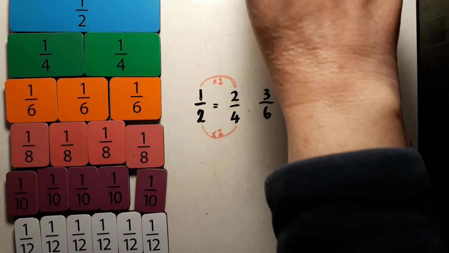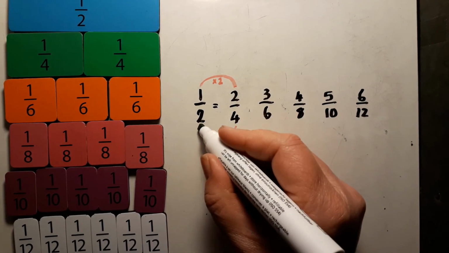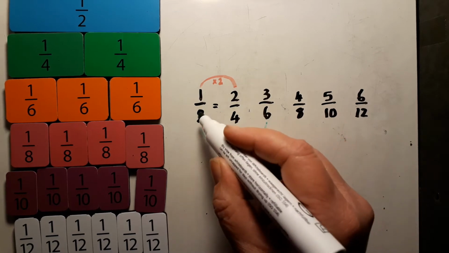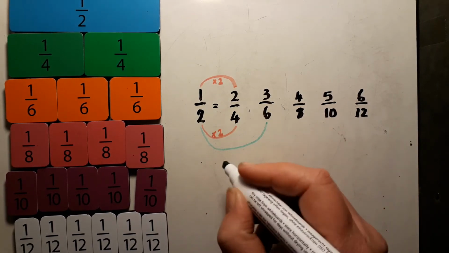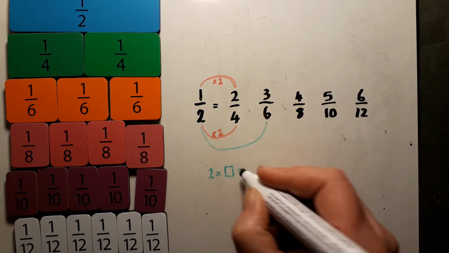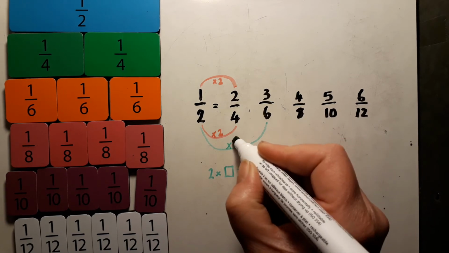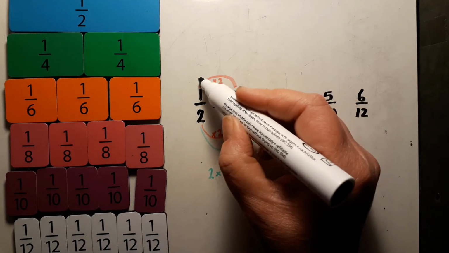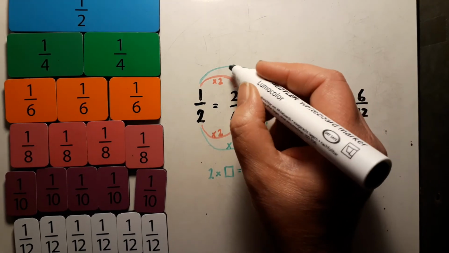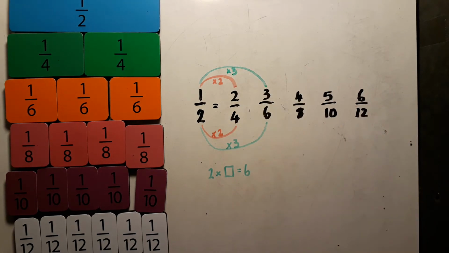Okay, so here you can see that our 2, because basically what we're saying, 2 multiplied by something would give us 6. And there we can see that it must be 3. And whatever has been done there to our denominator must be done to the numerator.